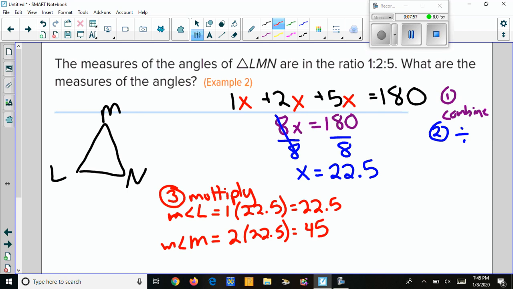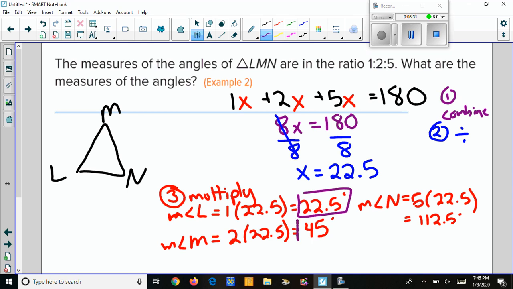And then angle N is going to be the 5 times the 22.5. Giving me 112.5 degrees. So those are my three answers.